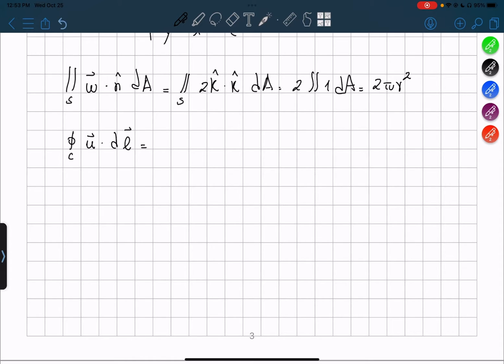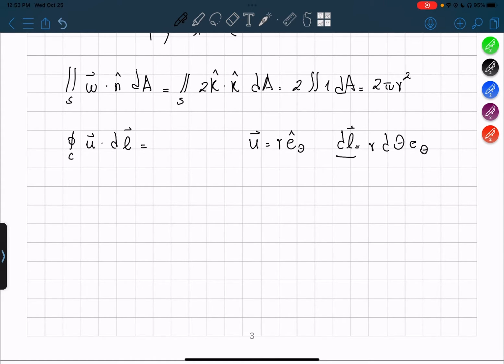What we can do is move it to polar coordinates. So we can say that our u vector is going to be our radius in the direction of the angle. And dl, well, it comes from the area of a circle, and it will be a vector as well. It'll be r d theta in the theta direction.